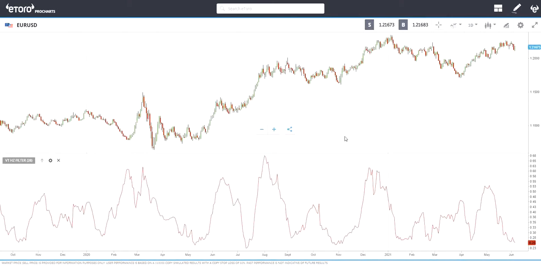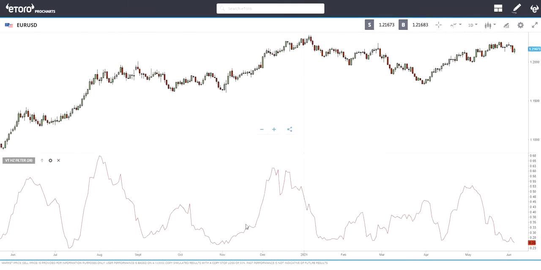Okay, so let me just explain this indicator to you guys. The rising values indicate trend. So when the indicator is rising, we are in a trend, no matter if we are in downtrend or uptrend.